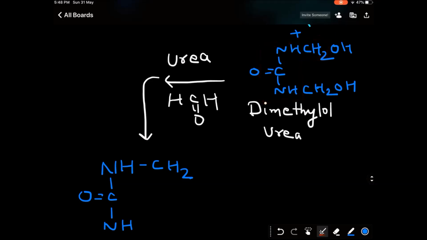So after CH2 we have, it will condense with another molecule, giving us NH, then C double bond O, then again N. Look at this, this is the urea part, N C double bond O N. Next again comes CH2.